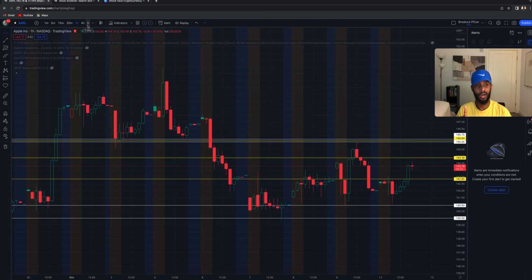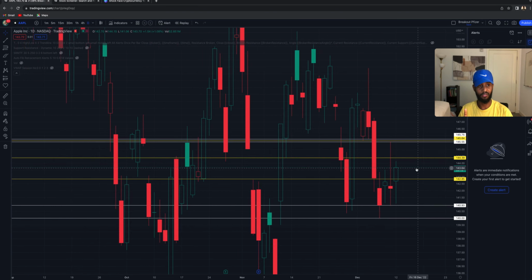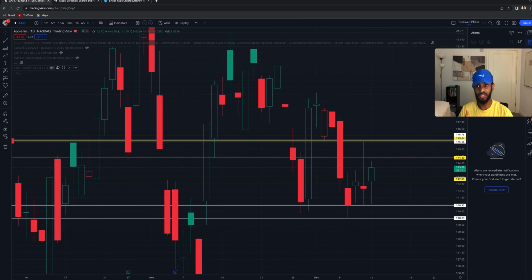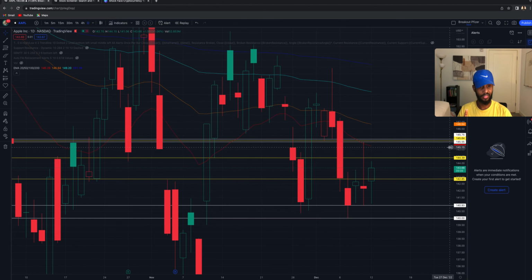Next, we go to our daily chart and we find if there are any key levels for our moving averages. And the way we do this is we go to an indicator that has our higher moving averages. We can see that there's this one over here. And I believe this is the 20-day.